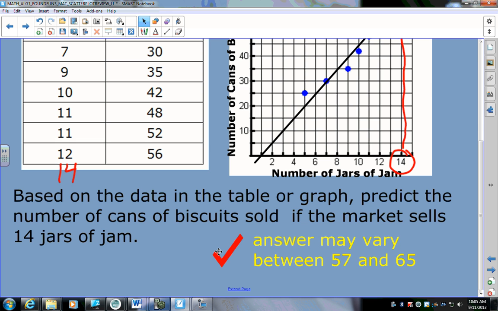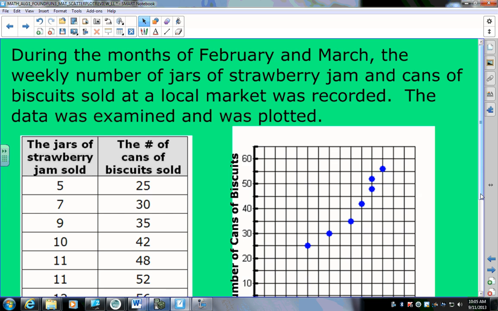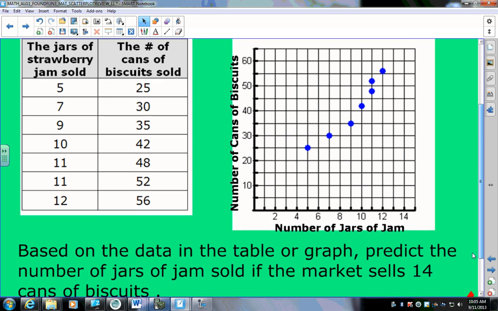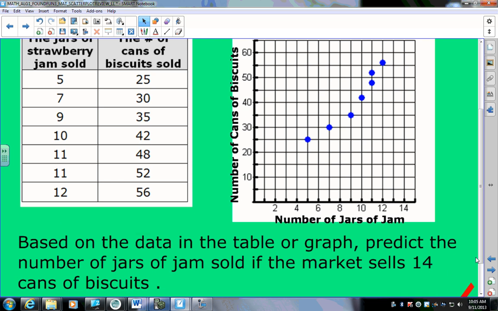So on the next one, talking with the same data, this time though, it's asking us, based on the data, predict the number of jars of jam sold if the market sells 14 cans of biscuits. 14 now is going over here in the Y spot. You still have to have your trend line.